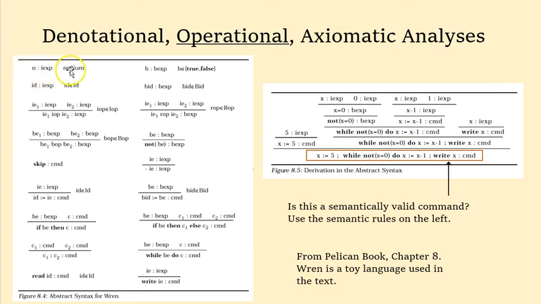N is from the set of numbers, and it's an integer expression. An ID is the set of allowable IDs or variable names, also an integer expression. B is a Boolean expression, and it can only be true or false. And BID is a Boolean variable, and it's from the allowable names for a Boolean variable.